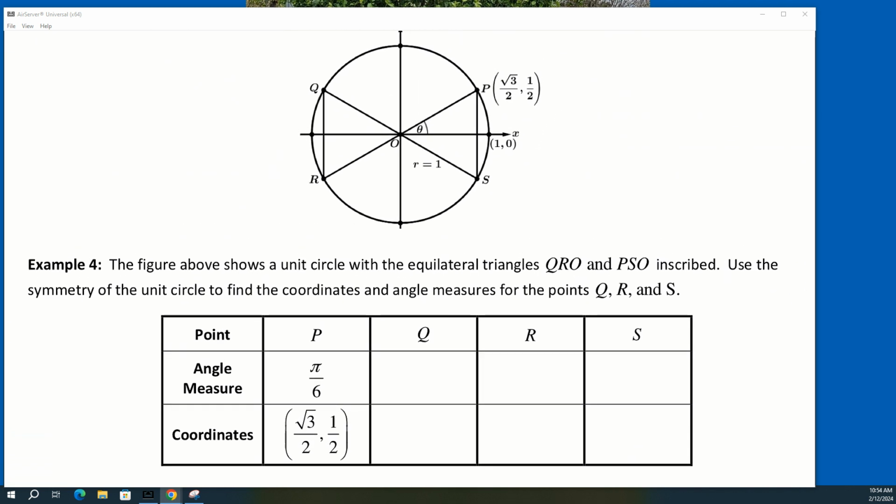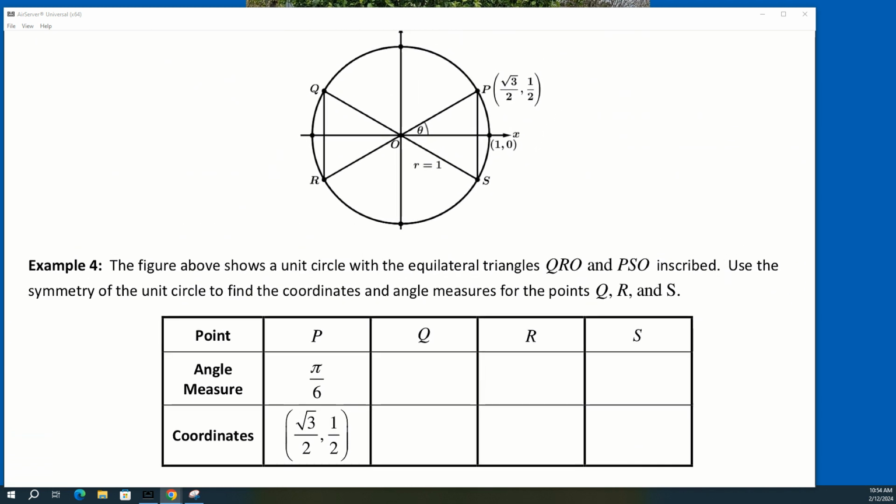Okay, so here we go. This is the point we just found. The theta was pi over 6, and we found the ordered pair, square root of 3 over 2 and 1 over 2. All right, so Q is reflected across the y-axis. So what is theta? What's the angle at Q?